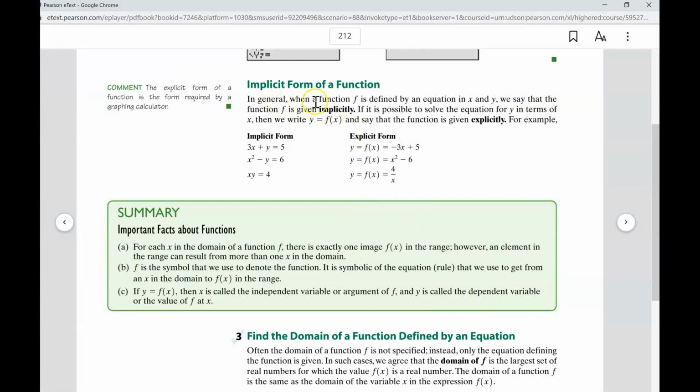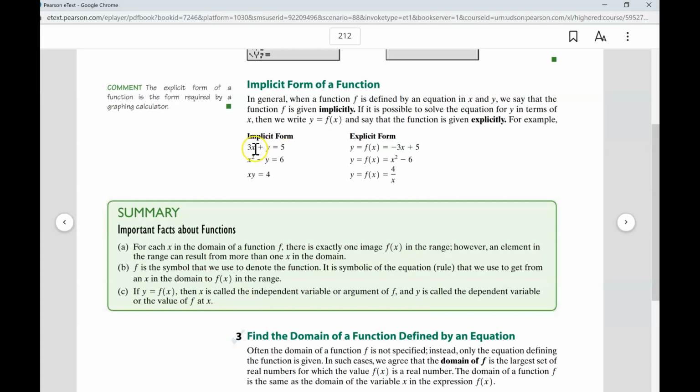More definitions. In general, when a function f is defined by an equation in x and y, we say that the function f is given implicitly. If it is possible to solve the equation for y in terms of x, we write y equals f of x, and we say that the function is given explicitly. Here's an example. Here's the implicit form of a function: 3x plus y equals 5. The function y is a function of x, but it's not explicitly defined as a function of x here.